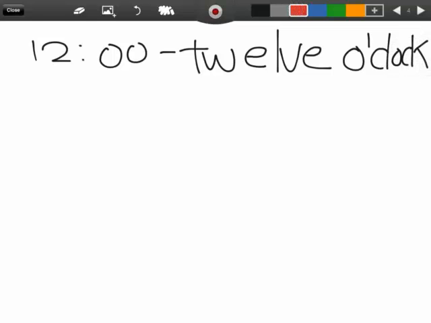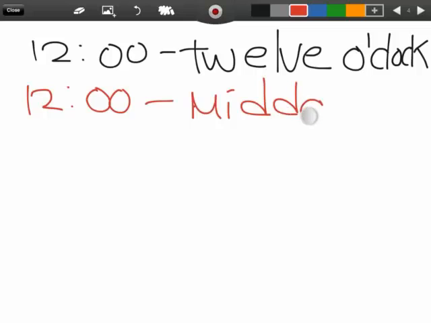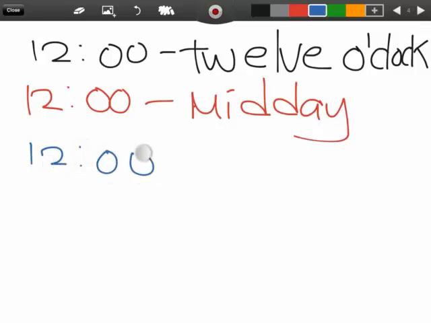For our other expression, I'm going to go ahead and write this by using different colors. We could say midday. For our third expression, it's still 12:00. We could use noon, which is middle of the day, same as midday.